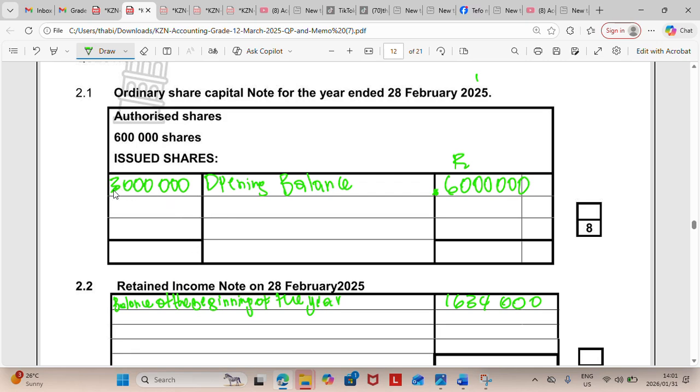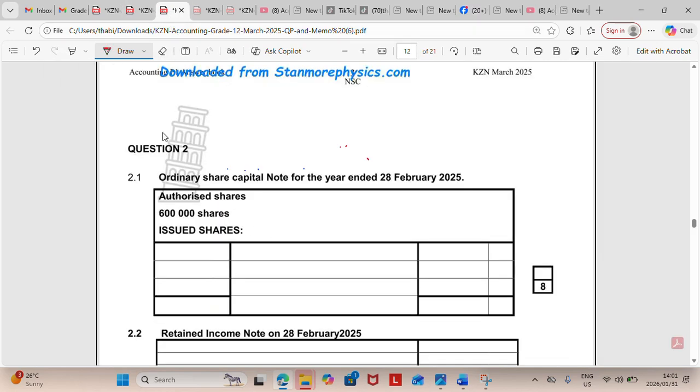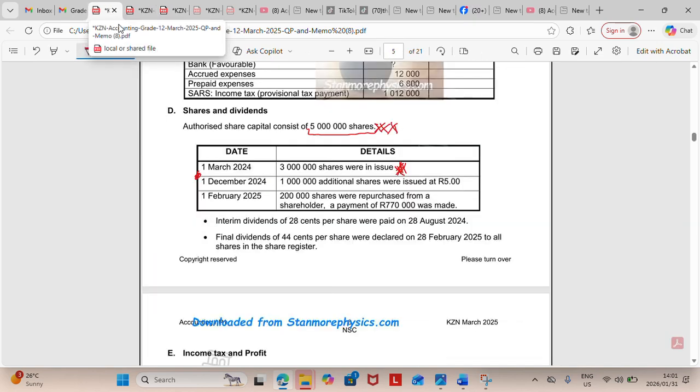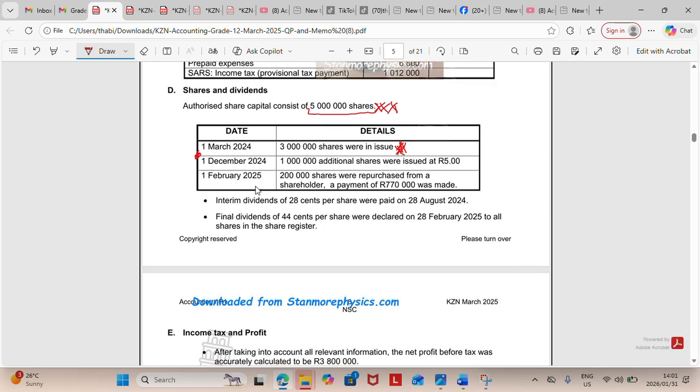Okay, so let's proceed, guys. As you can see here, on the 1st of December 2024, 1 million additional shares were issued. We issued an extra 1 million shares on the first day of December.